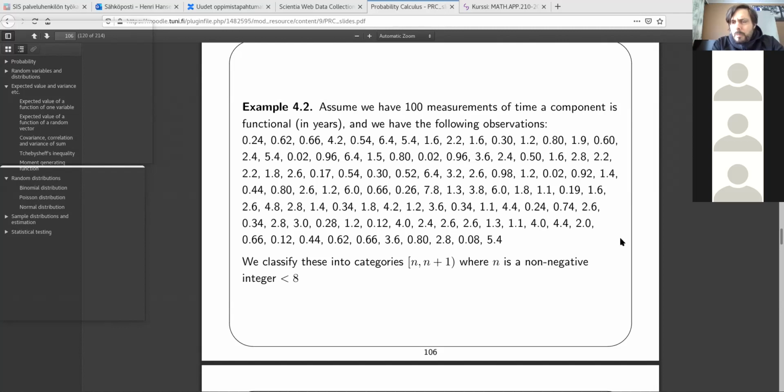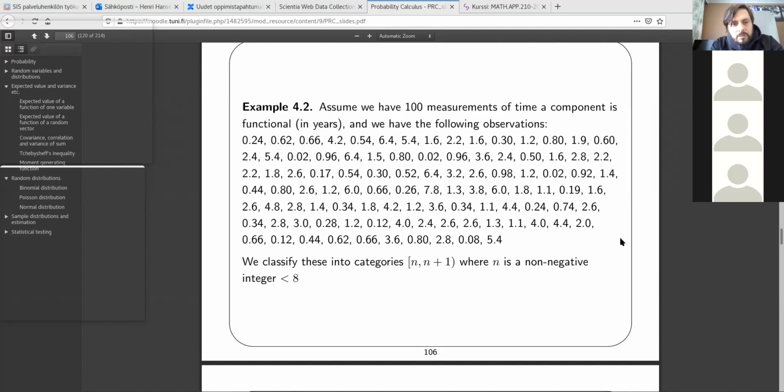We have a component that is used in a factory, and it is installed in a machine, and every now and then you have to fix it and change it. And let's say all over the world we have different factories where this component is used, and we measure how many years it takes before we have to replace it. And let's say we have these observations.